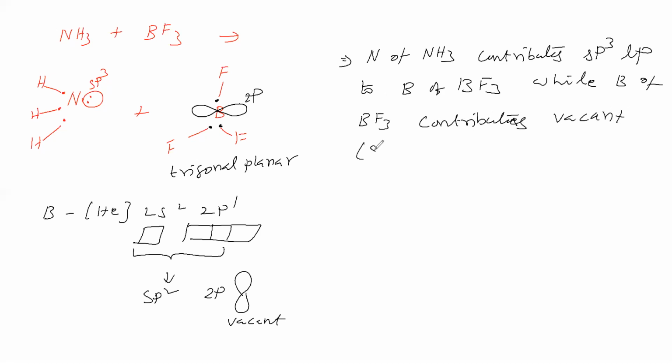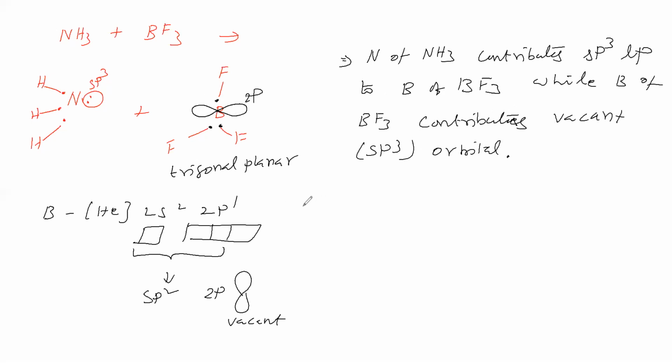What vacant orbital? An sp3 vacant orbital. Why it is an sp3 vacant orbital we will discuss later, but we have written 2p vacant orbital here, while here we are writing sp3 vacant orbital. Why we have written like this, we have to explain.